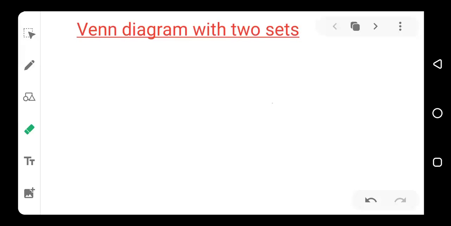In today's lesson, we want to look at Venn diagrams that contain two sets, that is two subsets in the universal set. We have introduced the concept of Venn diagram, and we also looked at an example of Venn diagram in our last lesson. In today's lesson, we want to look at additional examples on Venn diagrams containing two sets only.